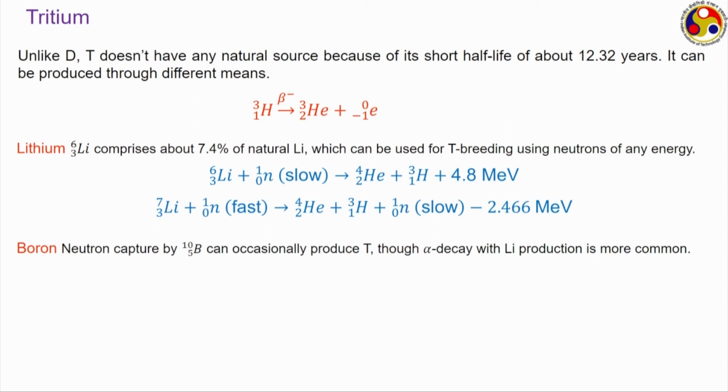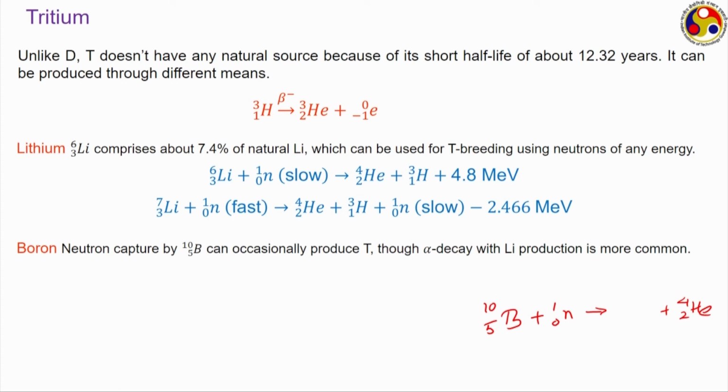Another source of tritium can be boron, or neutron capture by boron. The most common reaction the boron 10 undergoes after capturing a neutron is this one. When it captures a neutron, generally it goes through an alpha decay. So, alpha decay means it will produce 2He4 plus something. You now should be very comfortable with this kind of reaction.